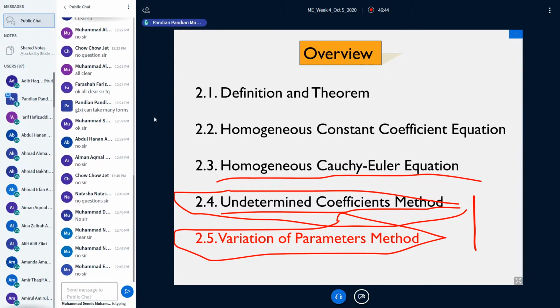Okay, if there is no question, then we move on to the introduction part for chapter 3, which is very difficult, but we will start slowly with the first part. So I'm going to change the slide now.